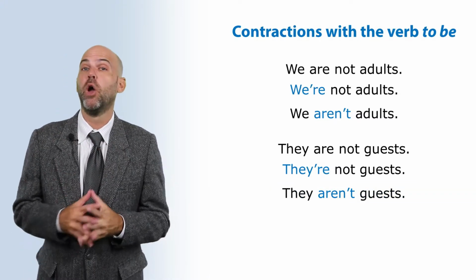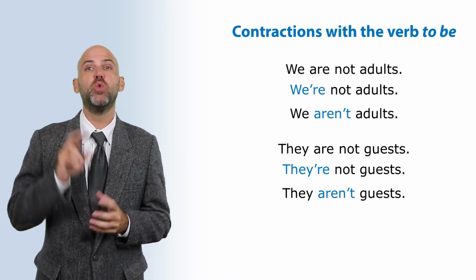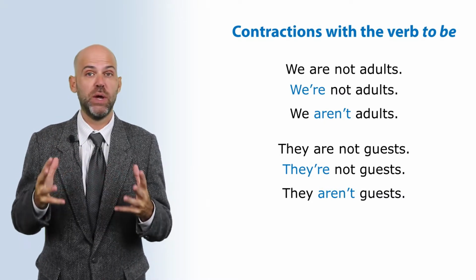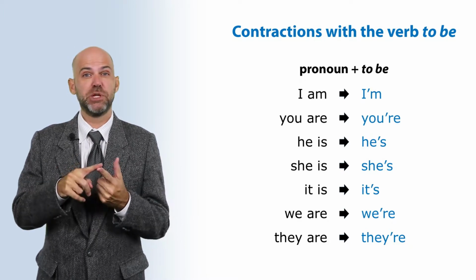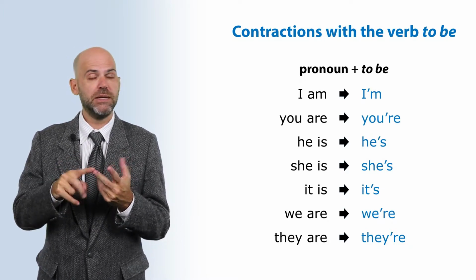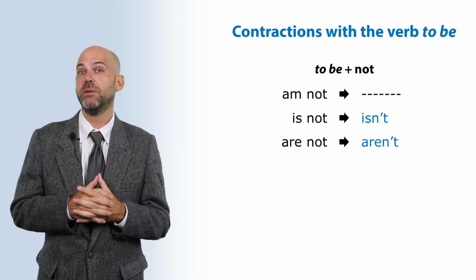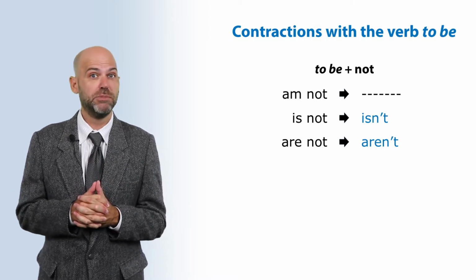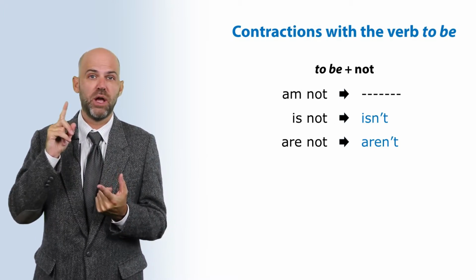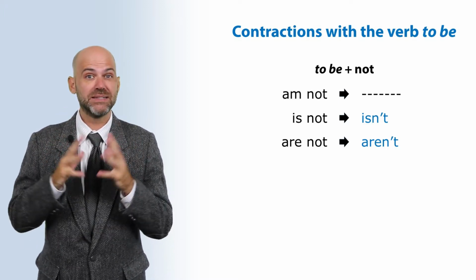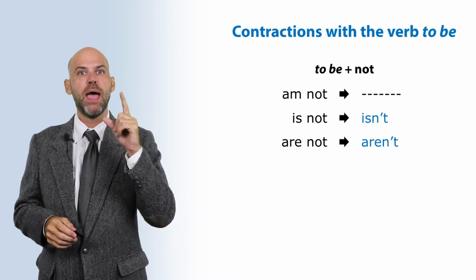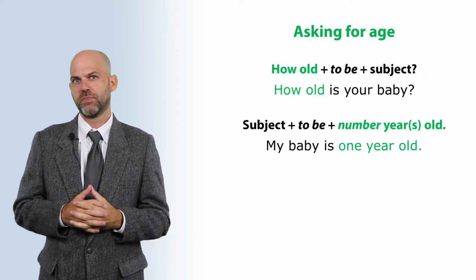Good job. Remember, there are two ways to make contractions with the verb to be. You can make contractions with the subject pronouns and the verb to be, and you can make contractions with the verb to be and the word not. Let's move on to our last topic, asking for age.